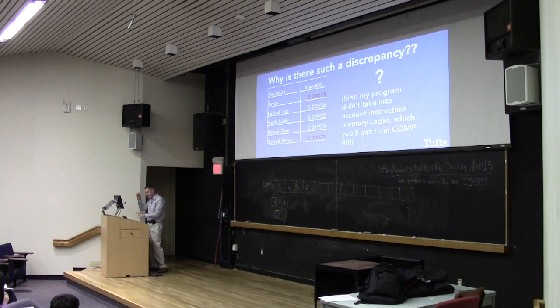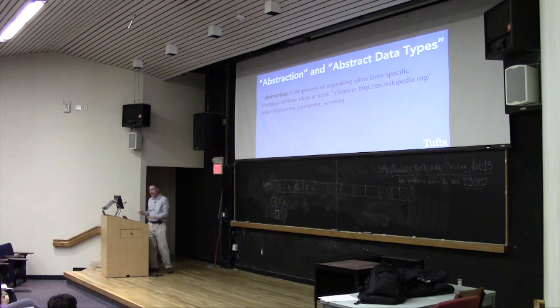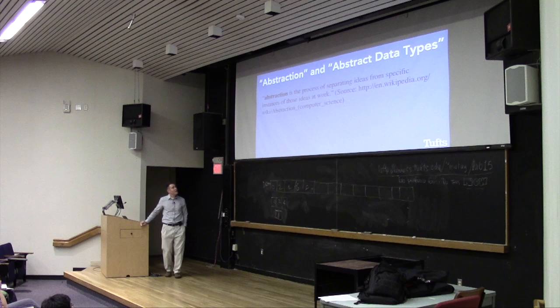Okay, that was kind of the big overview of the idea. A couple other things that we're going to talk about before I let you out of here: abstraction and abstract data types.